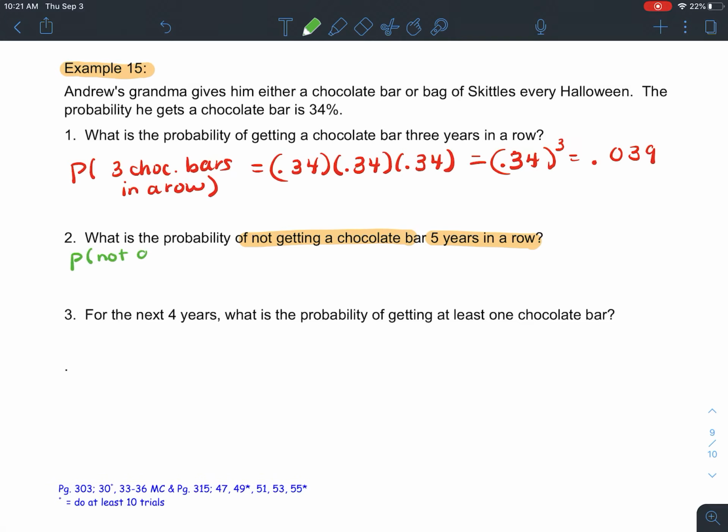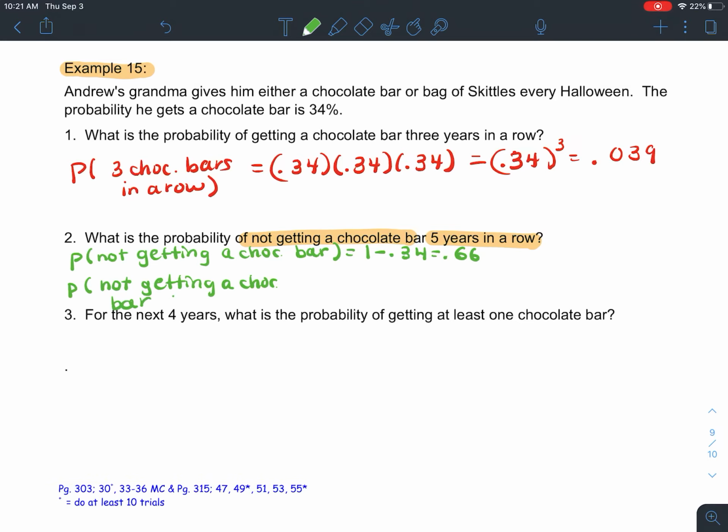Well, we were given the probability of him getting a chocolate bar for a single year. I could certainly calculate what the odds would be of him not getting a chocolate bar for a single year, just 1 year. Not getting a chocolate bar would be the complement of him getting a chocolate bar. So that would be 66%.